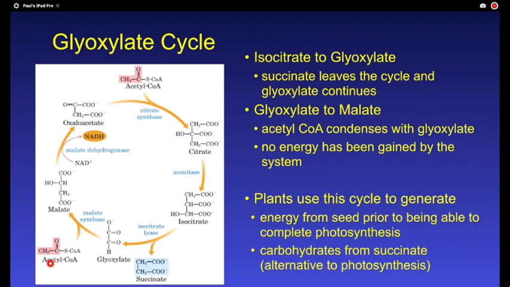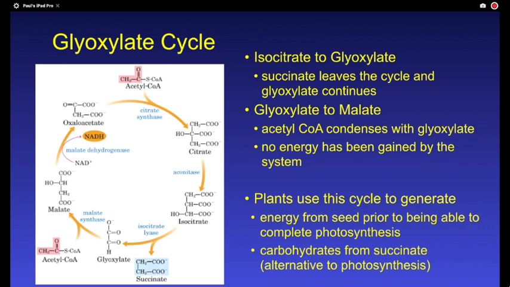I take in another acetyl-CoA and I create malate. Well, that reaction is not in the citric acid cycle, but malate is a citric acid cycle intermediate. And then malate gets converted into oxaloacetate. That is a citric acid cycle enzyme. And I make energy in the form of NADH, which then can be formed into ATP.